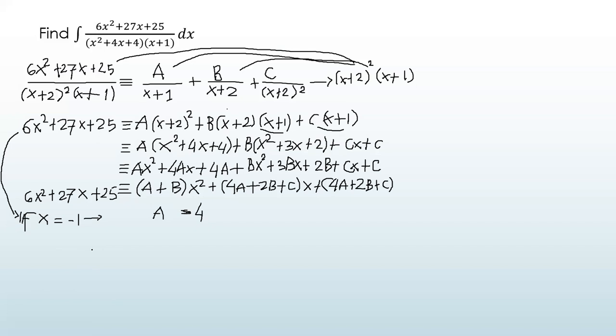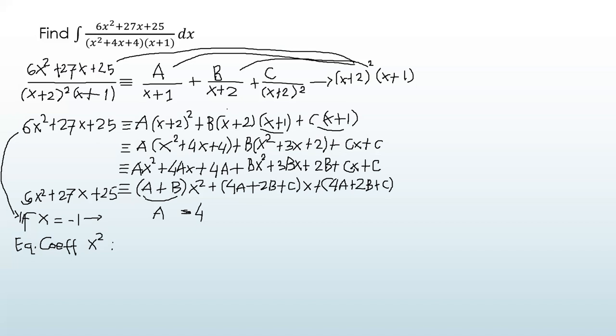If a equals 4, next look based on equating coefficients. Based on equating the coefficient of x squared, a plus b equals 6.